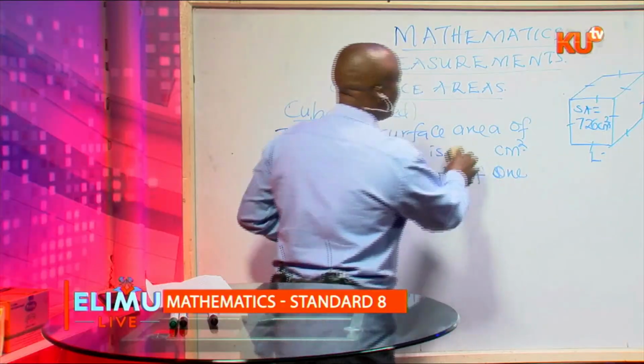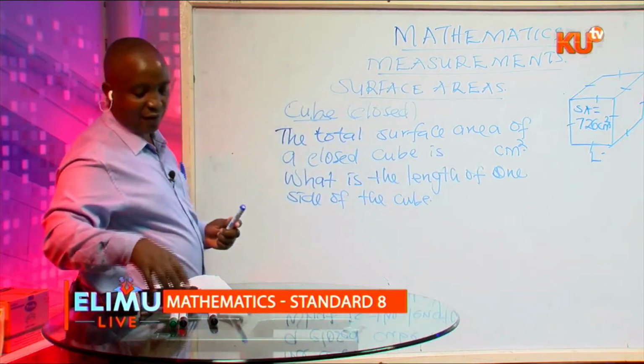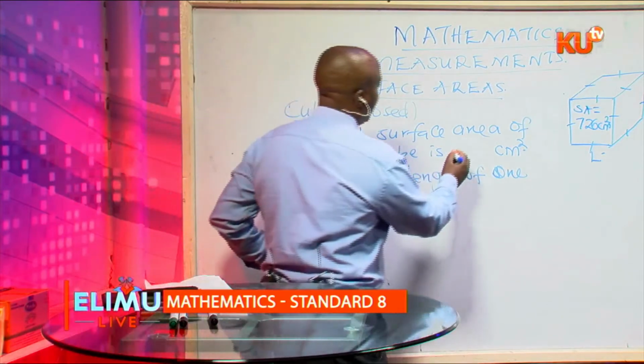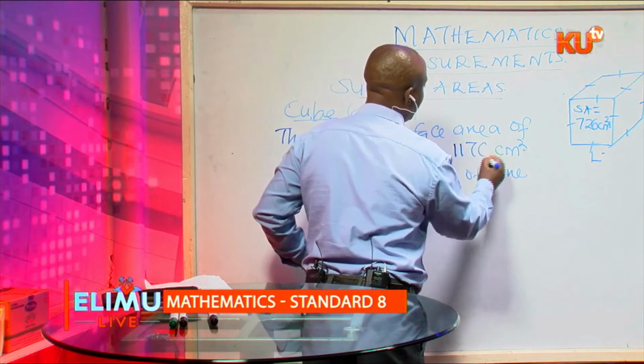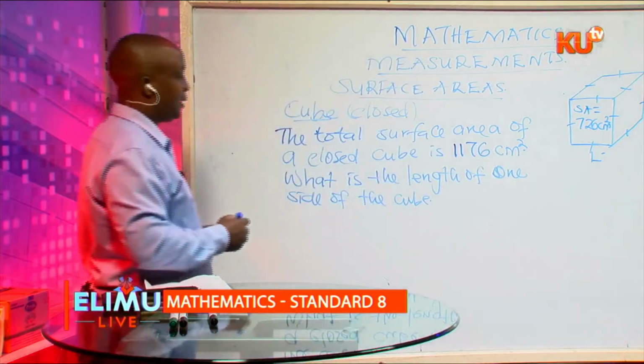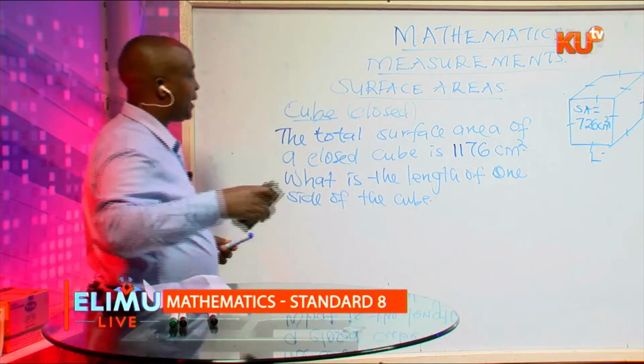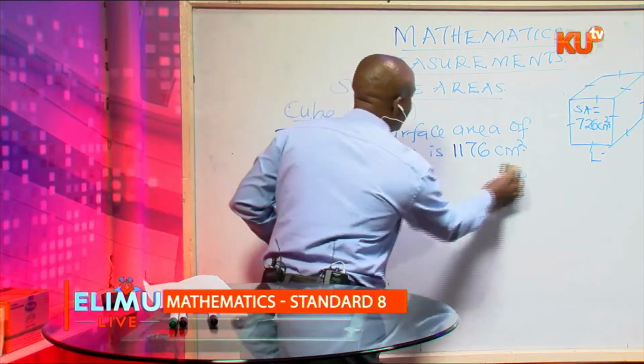I'll give you the total surface area of a closed cube is 1176 centimeters squared. So this one, you're not going to get the length of one side.